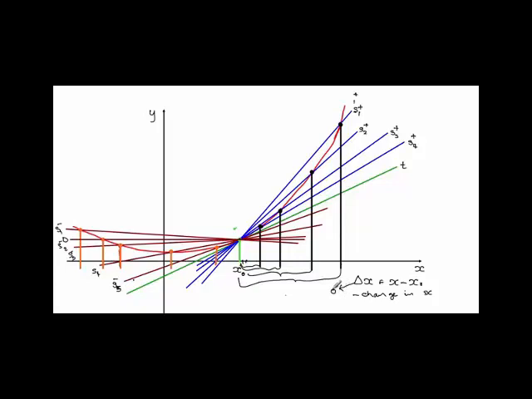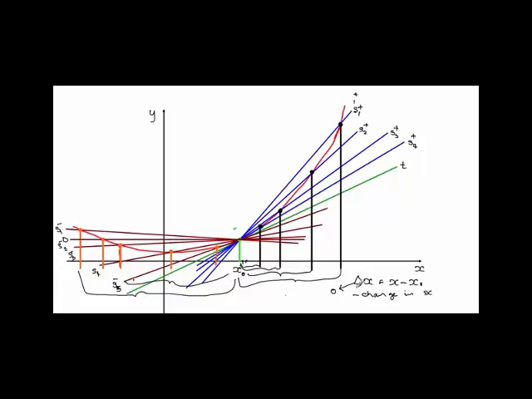Now it's becoming smaller and smaller towards 0. And similarly, this happens from this side. The change in x will be this, but when we get to this point, we can see that the change in x is becoming smaller and smaller, approaching 0.